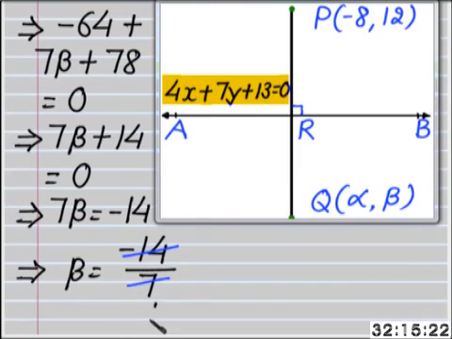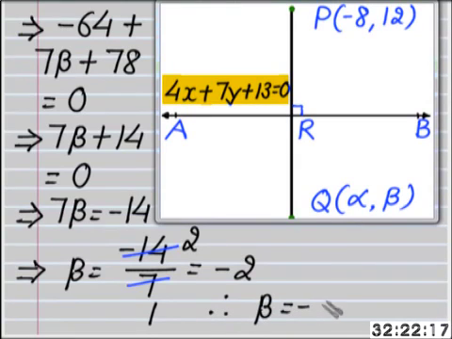On solving, it is equal to minus 2. Therefore, here beta is equal to minus 2.